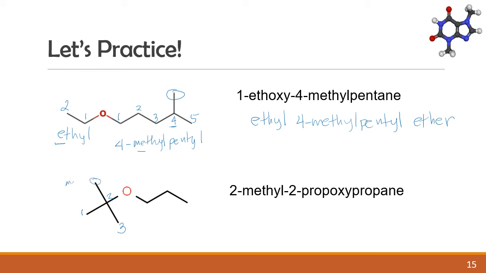A 1 carbon substituent is called methyl. So its name would be methyl propyl. However, this arrangement of carbon atoms is also the structure for the 4-carbon atom tert-butyl.